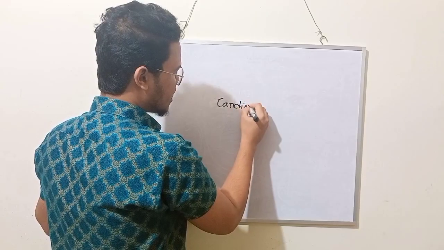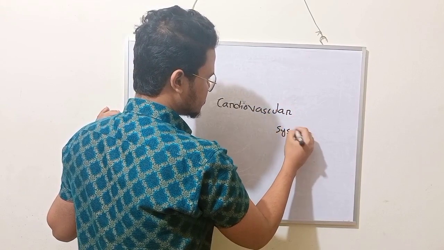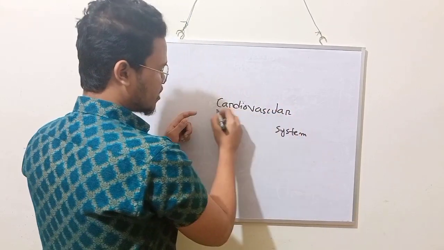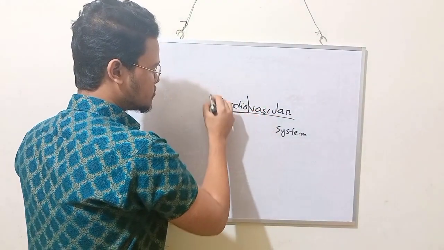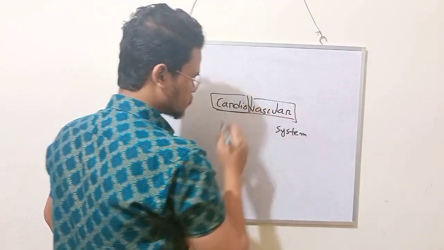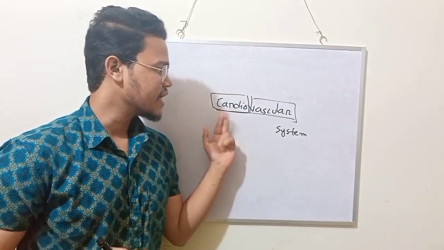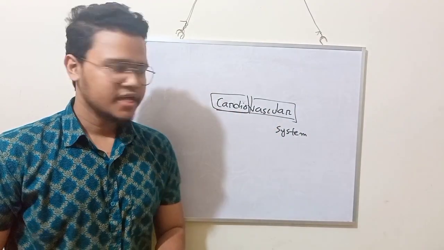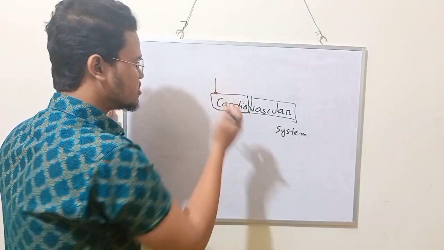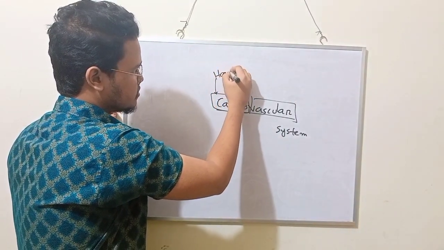So, this word cardiovascular is composed of two words. One is cardio and the other is vascular. Now we need to know what cardio means and what vascular means. Cardio is derived from a Greek word meaning heart.